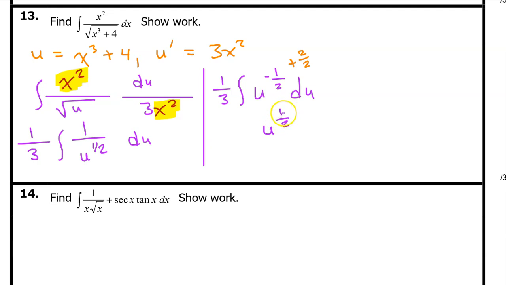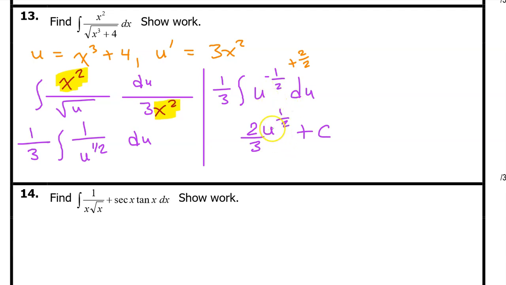Dividing by 1/2, you multiply by the reciprocal, which is 2. Don't forget about the 1/3 that we still have in the front. And in fact, 1/3 times 2 just makes 2/3. And don't forget about the constant of integration. So this is the antiderivative with respect to u.